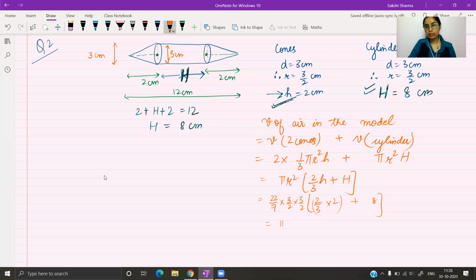So this will be 11 into 9 by 77. 4 by 3 plus 8. 66 cubic centimeters. So this will be 24 plus 4, 28 by 3.